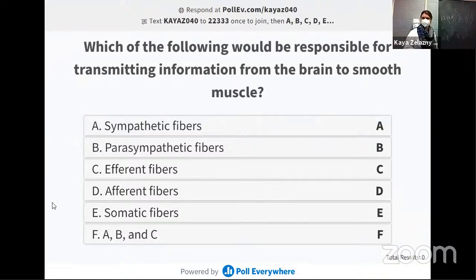All right. The next thing we want to know is about those fibers that would be going out. Now, if we're transmitting information from the brain, and I'm going to say specifically to smooth muscle, think about what type of fiber that would be.